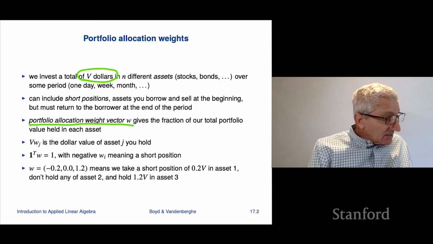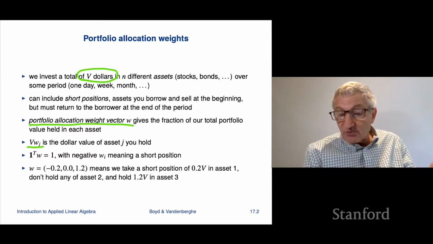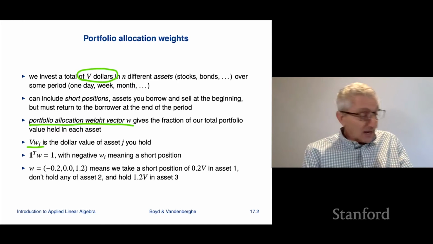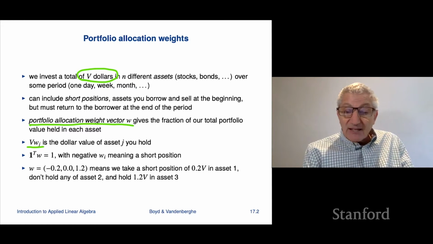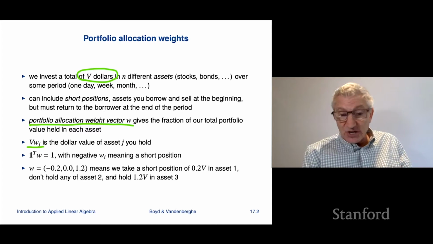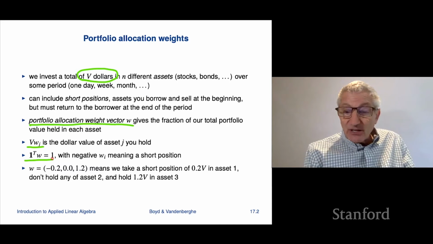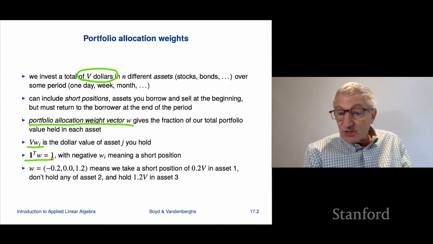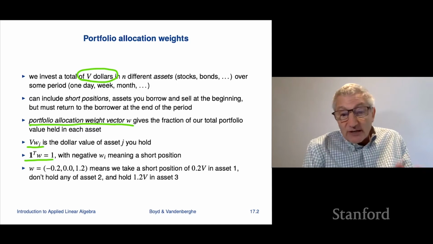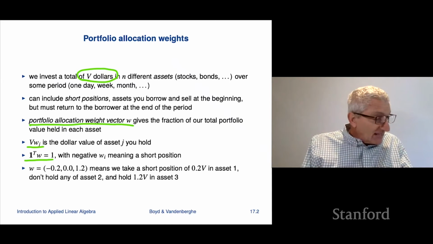And that means, for example, that capital V, your total portfolio value in dollars, times w_j gives you the dollar value of how much you hold of asset j. Now, by construction, 1 transpose w, which is the sum of the weights, is 1. And that's why it's called a weight vector, right? It's something that adds up to 1.